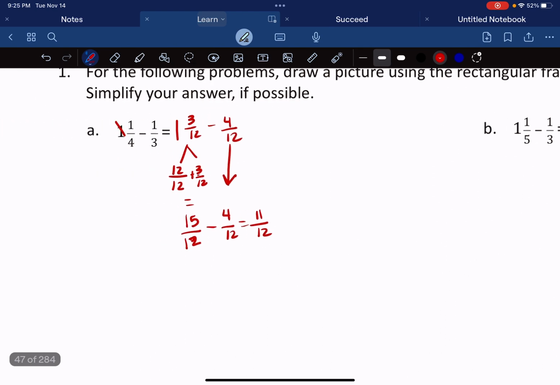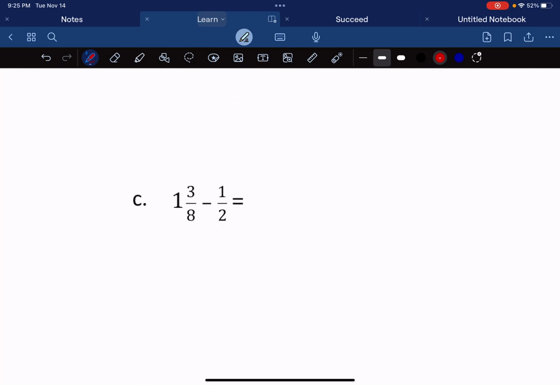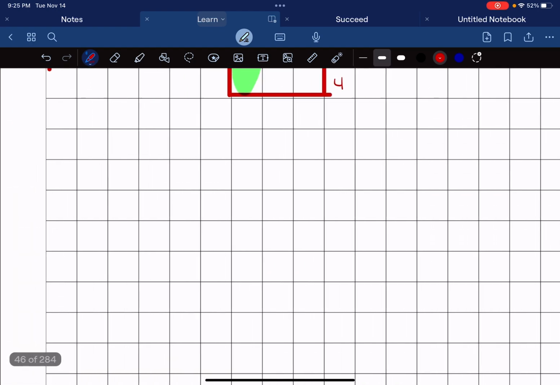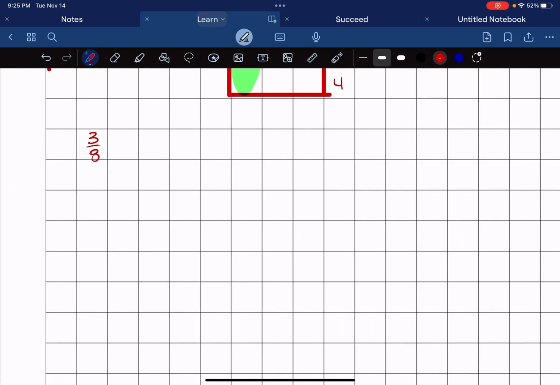So let's do another example. I have 1 3/8 minus 1/2. So again, I'm going to bring this guy off to the side, save him till later. I have 3/8 and 1/2. So 3/8, 1/2.